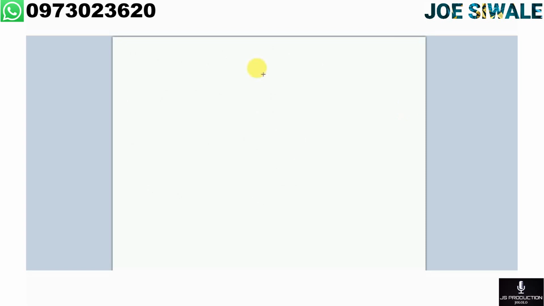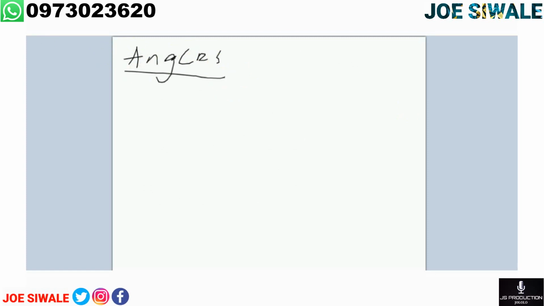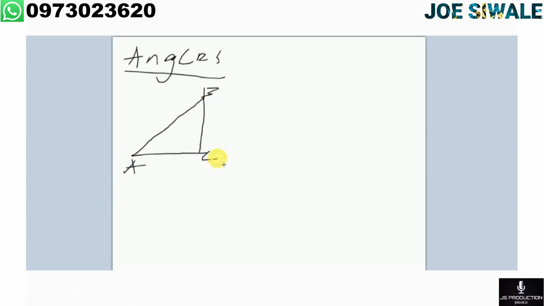Let us now look at some calculations. In these two calculations that I'm going to give you, we're going to calculate the angles. In the first example, the triangle is in this form, with A, B, C, and I know that this is a right-angled triangle.